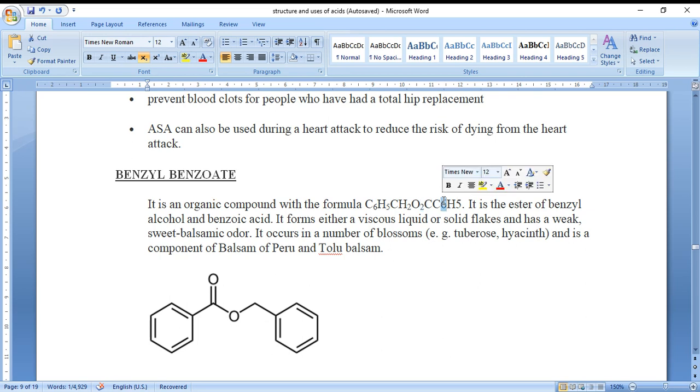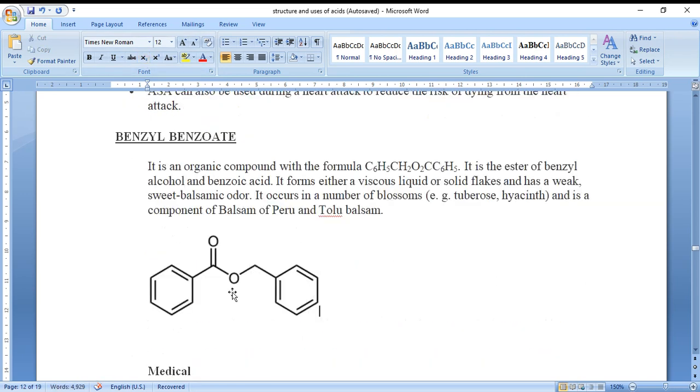I think people got the idea of how the molecular formula is written with the help of a structure. So again I am repeating. Benzyl benzoate, so this is a benzoate. How can you say that this is a benzoate? Benzene which is attached with the acyl group, that is C double bond O, is called a benzoate, which is attached with the benzene, that is the phenyl ring.